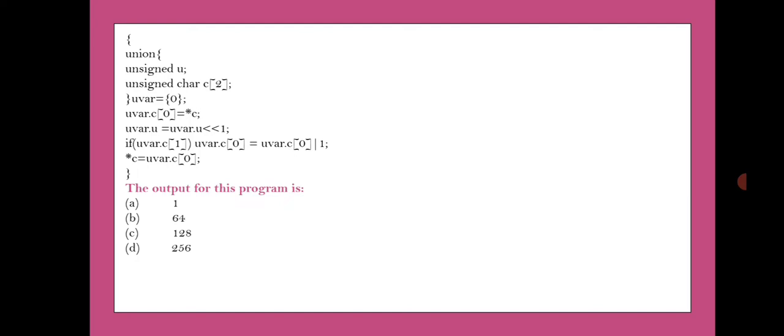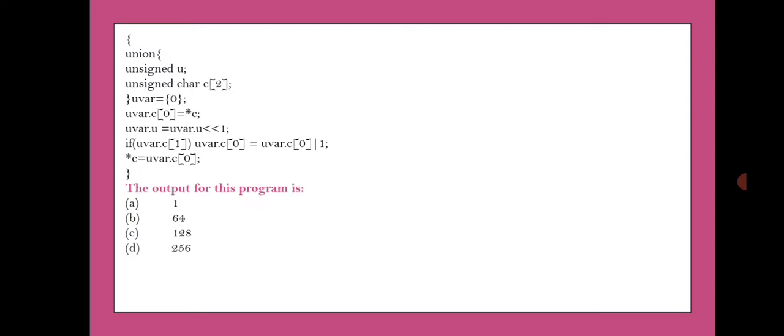So only u var dot C of 0 is rotated 8 times as per the main function. It again becomes 1,000,000 and 0,000.